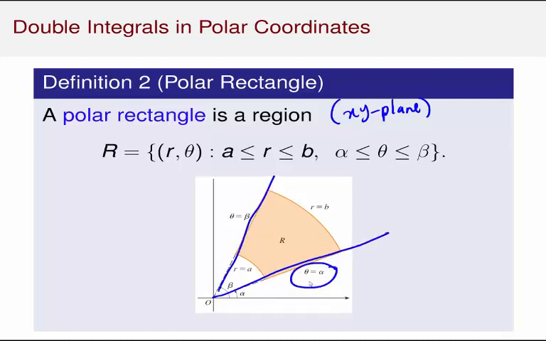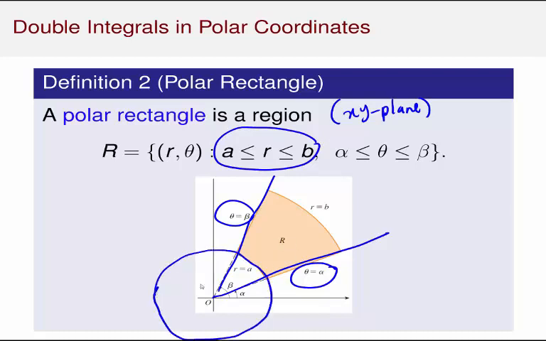One with the equation theta equals alpha, and the other one with the equation theta equals beta. Likewise, the fact that r is being bounded by two constants means that the region lies between two circles, the smaller one of radius a and the bigger one of radius b.